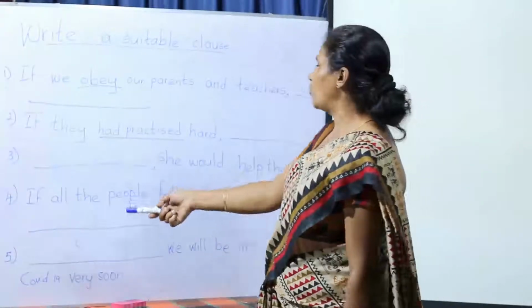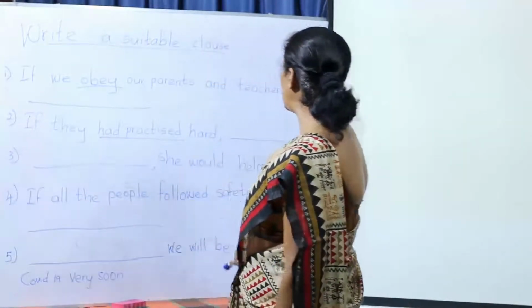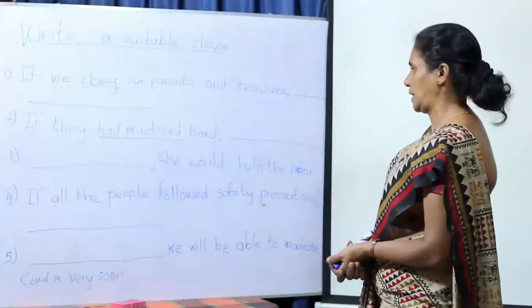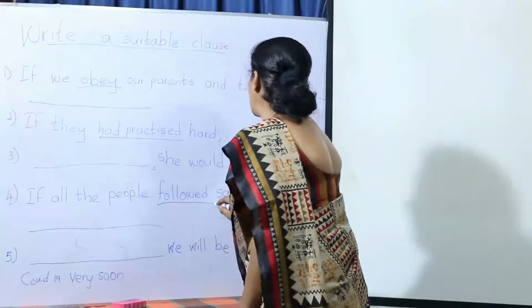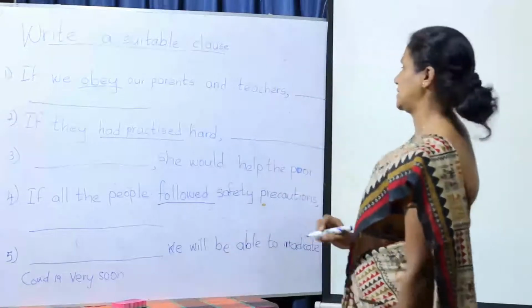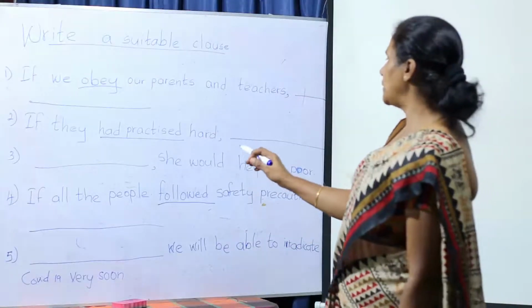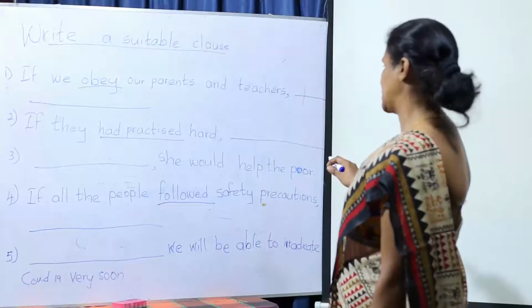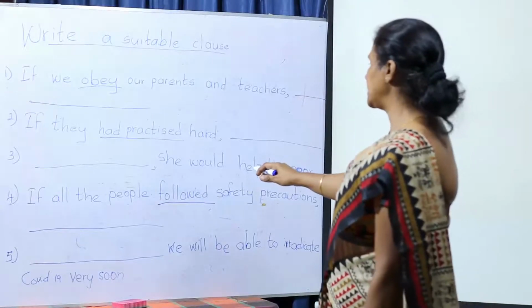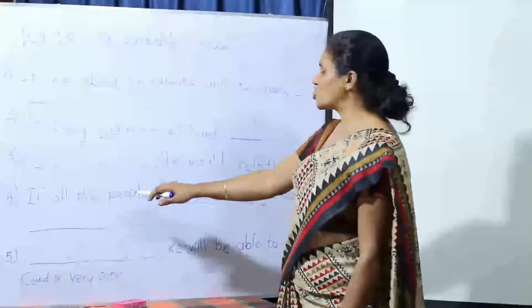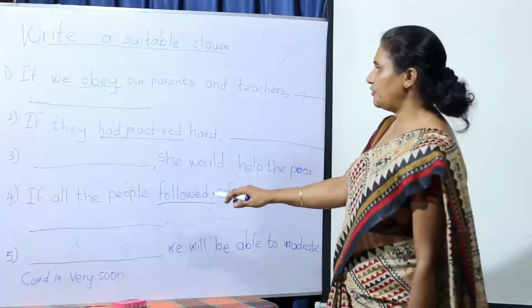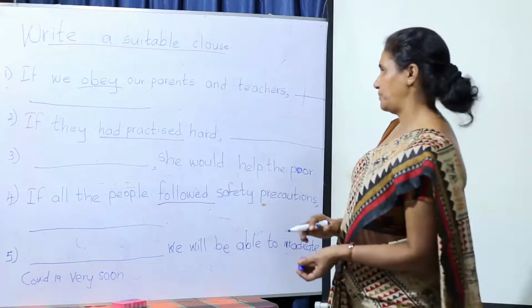Okay? Then number 4 will go: if all the people followed safety precautions. Right? If all the people followed. Here it says simple past tense. So if all the people followed safety precautions, though the followed is in simple past tense, it is understood this should be in if conditional clause type 2.